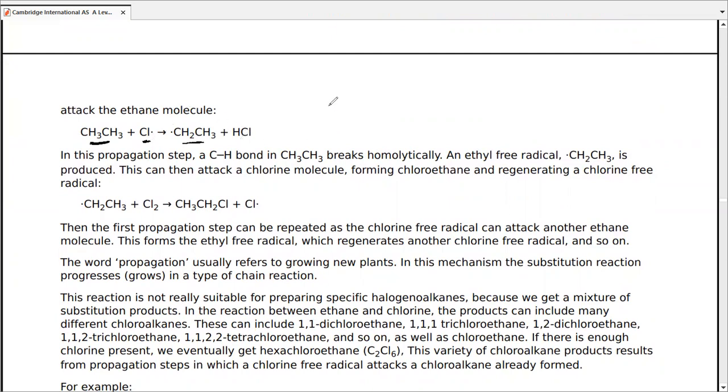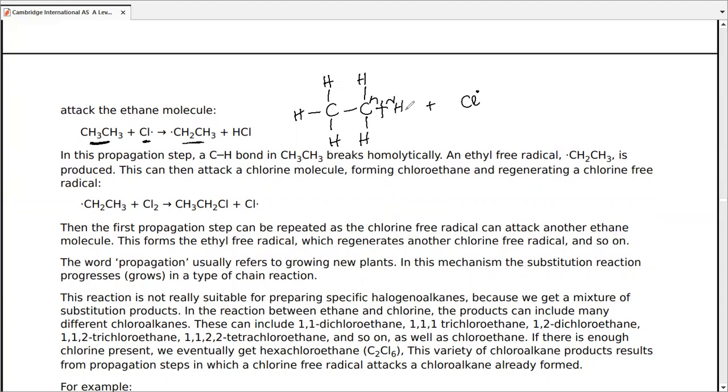Now, I hope you understand how this actually works. I'm going to explain it. I want to make sure that you get the point. Now, we have this. One of the bonds is going to break homolytically.